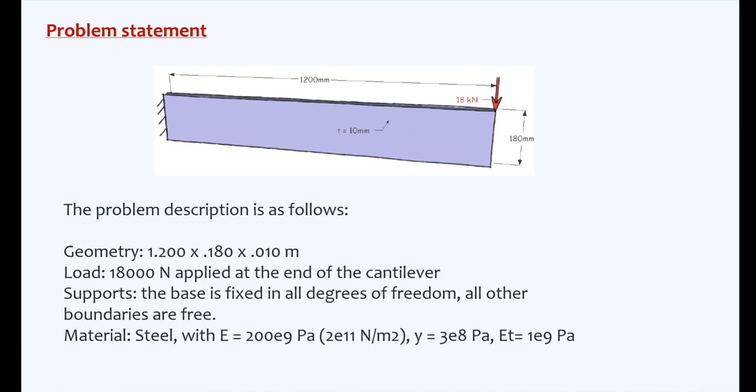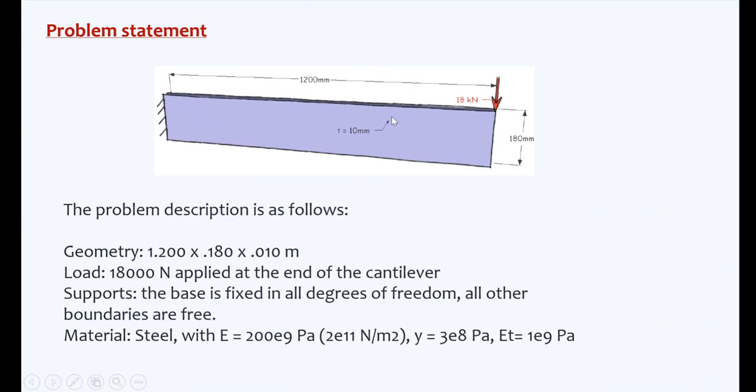The dimensions of the structure are 1.2 meter length, 180 mm height and 10 mm thickness. All the details are given in this slide: the support, material properties, everything, so that later when you are trying to model this, all the parameters that you require are in this slide.